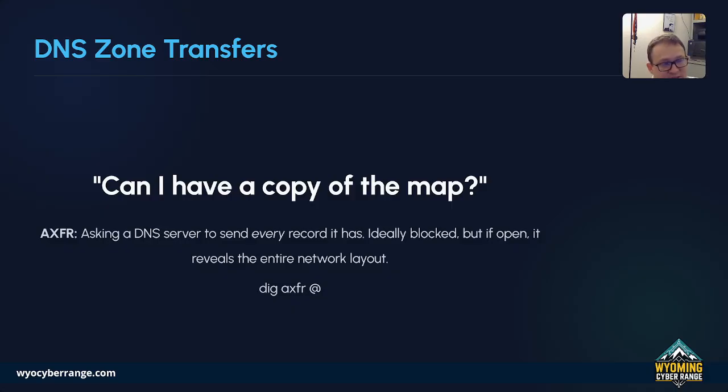You know everything that exists within that network. To do this, it's a pretty easy command. You do a dig command, and then you ask for a transfer of a name server. So you do an @ and then the name server you're looking for. Okay.